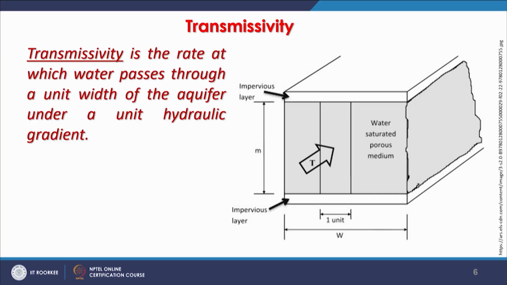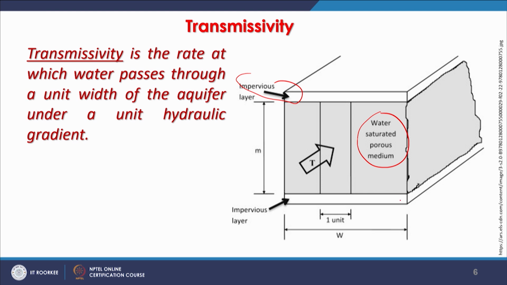So, let us see another related parameter, which is the transmissivity. As you can see in the schematic, water is flowing through this 3D body. This part is of course water saturated, the top part is impervious, and this is the thickness of the layer, in meters.